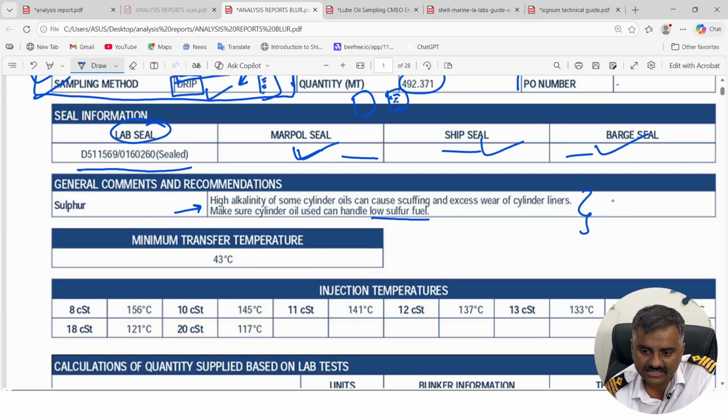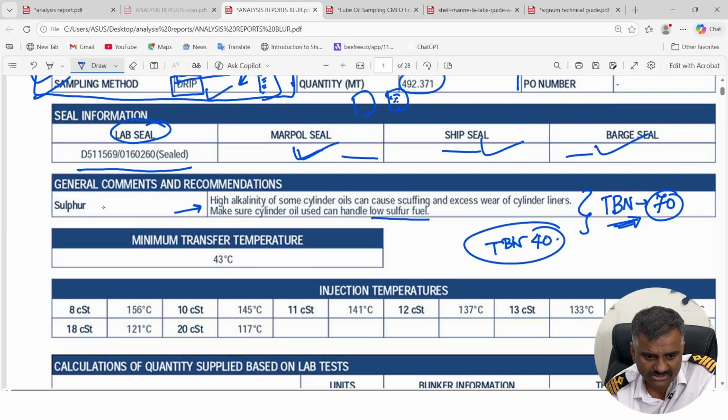They are saying that if the TBN of the cylinder oil is very high, say 70 TBN, is used for low sulfur fuel oil, which does not require this level of neutralization, they are asking you to use a lesser TBN cylinder oil. This is just a general comment given by the fuel oil tester.